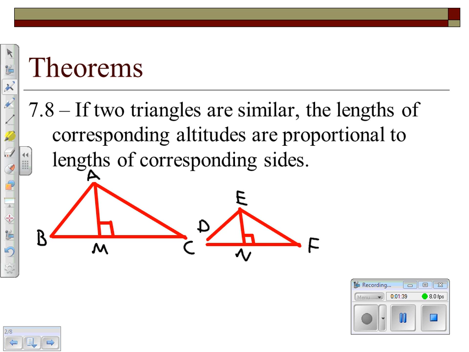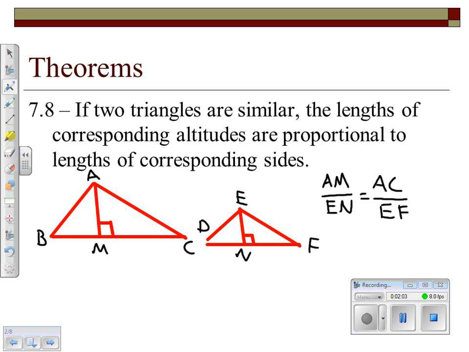So just one of these that we could set up, and there are others, could be AM over EN, altitude over altitude, is equal to any pair of sides that you want to pick. Since I put AM on top, we got to pick one from the left one, but it could be like AC over EF. That's one option for a proportion that would work there.